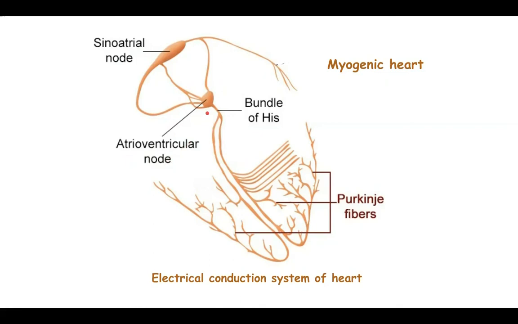Again, this is present in the wall of the right auricle near the septum. From here, the impulse is transmitted to the bundle of His, which are segments of elongated tissue. From here, it passes to the Purkinje fibers, from where the impulse will be sent to the ventricle walls. So your heart starts to contract and relax by the initiation which is generated at the sinoatrial node.